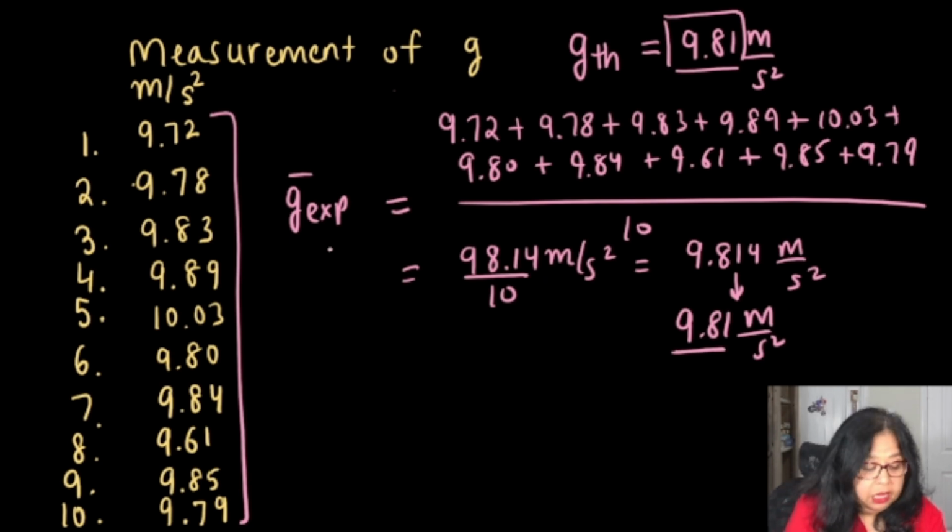In fact, it's identical to the true value of g. So in case of systematic errors and random errors, systematic errors are easy to get rid of. You need to identify them. Once you identify them, you can get rid of them, either by fixing your equipment, or by compensating for them in your calculations.